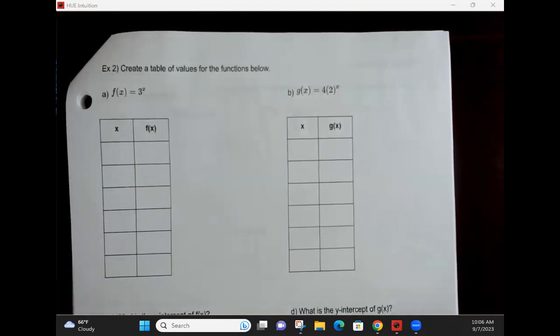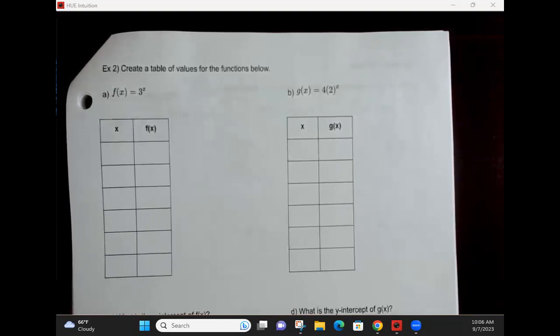So we're going to talk about evaluating exponents, because one of the things that we've done already and that we'll continue to use is to be able to create a table. If I want to create a table for a quadratic function or a linear function, we pick some values for x and we plug them in. Eventually, this will help us when we get to graphing. I want to be able to do that for an exponential function as well. In order to do that, I need to know how to evaluate exponents.